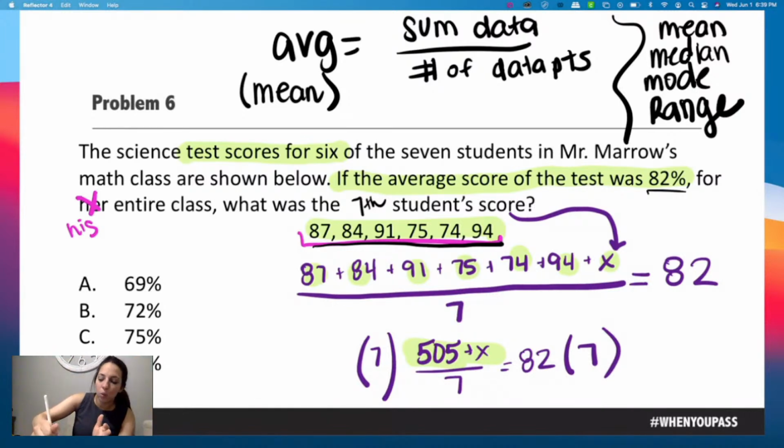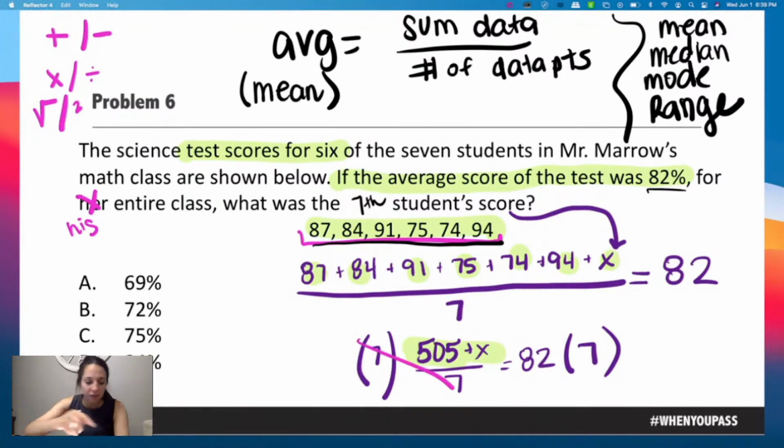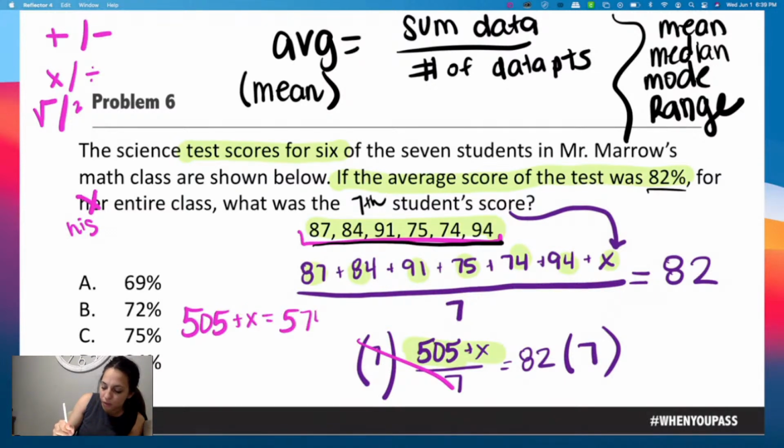So when I'm looking at ways to undo operations, I can undo addition with subtraction and vice versa. I can undo multiplication with division. I can undo a square root with a square value. So I'm going to multiply both sides by 7. 82 times 7 equals 574. 505 plus X equals 574.